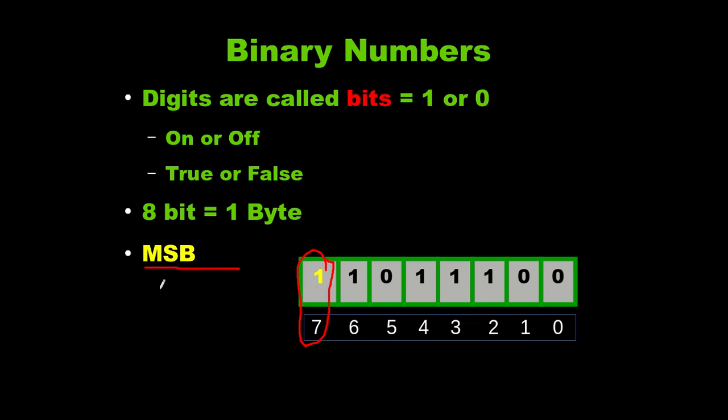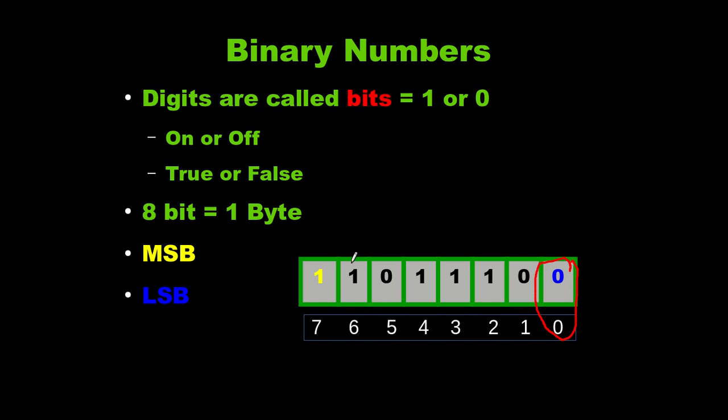The least significant bit is the one with the lowest value, the one on the right. And we're going to need to know this, the most significant bit and the least significant bit. We can say also the most significant byte and the least significant byte if we have a collection of bytes.